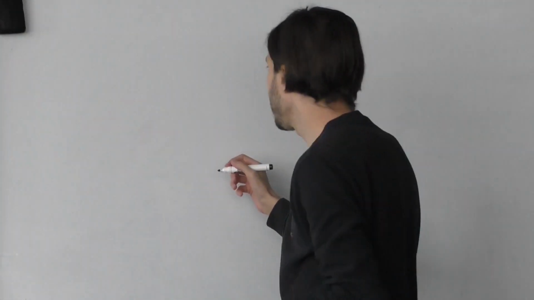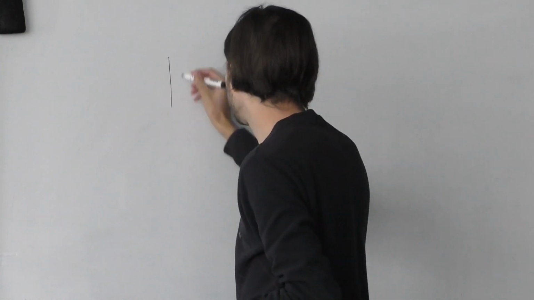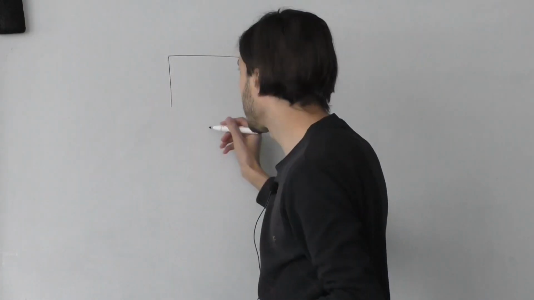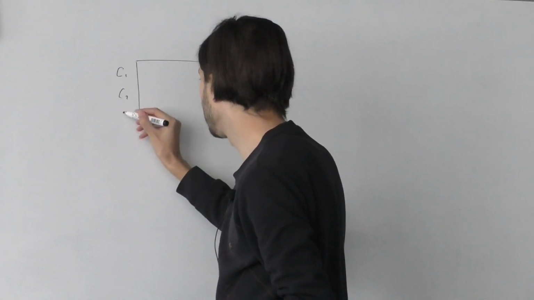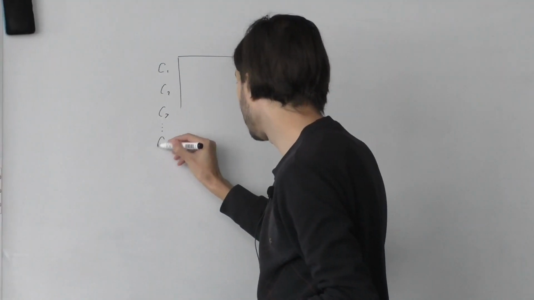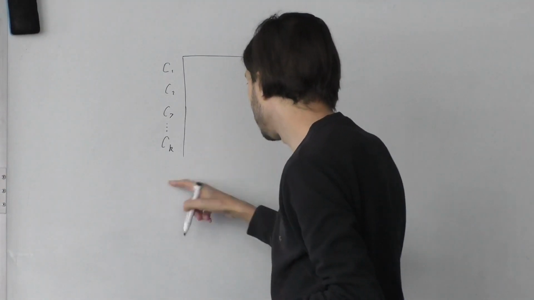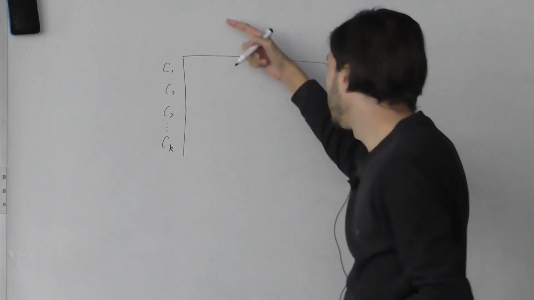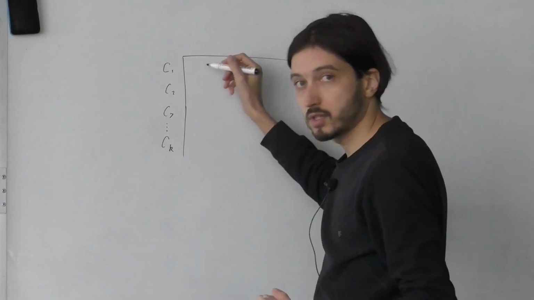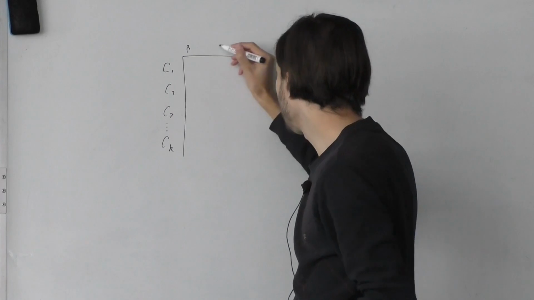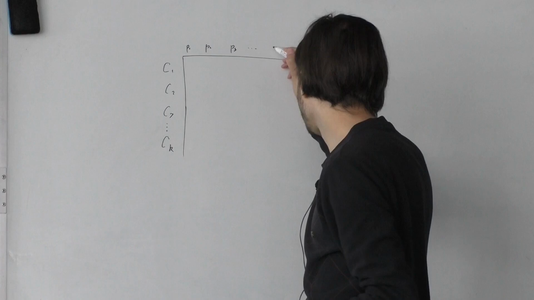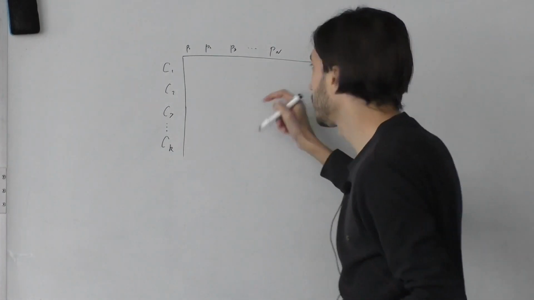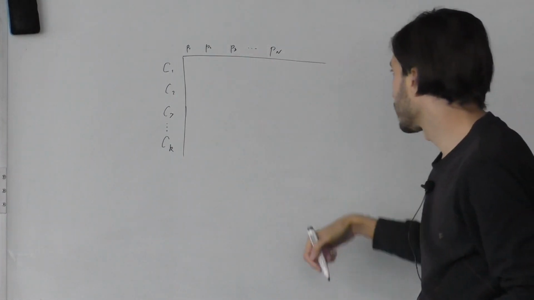My components a_ij are components of the matrix that I'm creating the following way. Here I have my clusters: cluster 1, cluster 2, cluster 3, and so on to cluster K. So K means K clusters. Here are my data points: point 1, point 2, point 3, and so on up to point n.